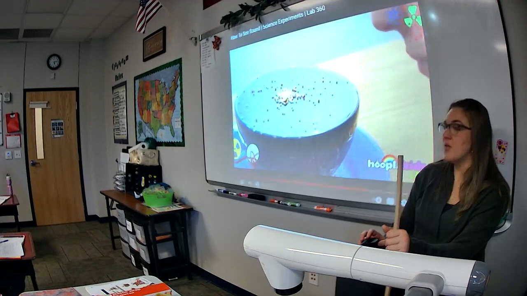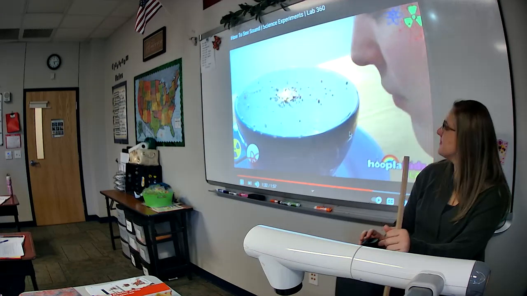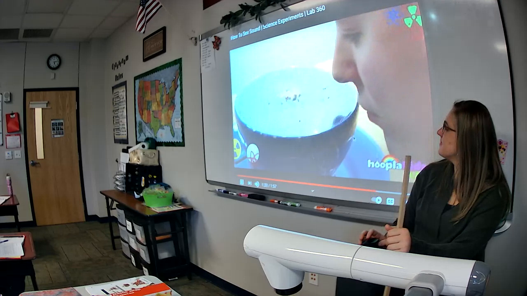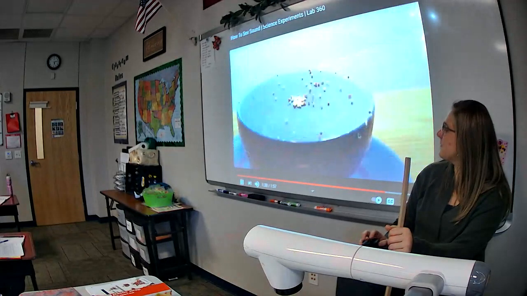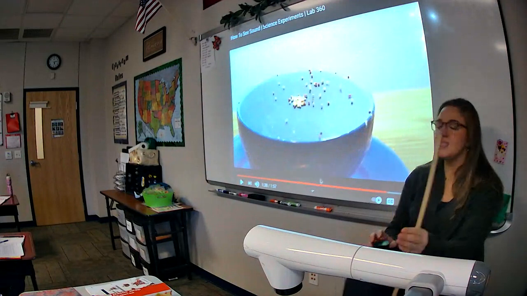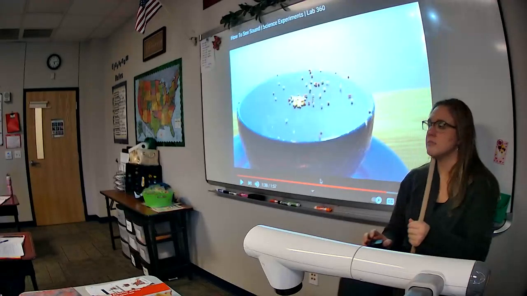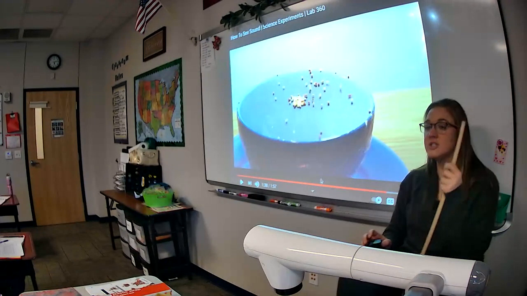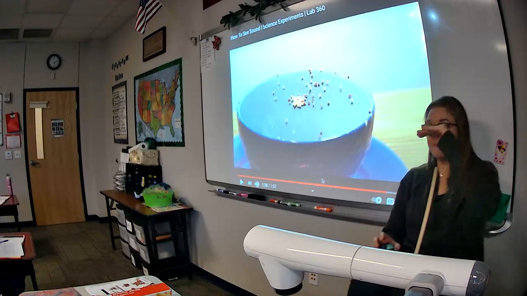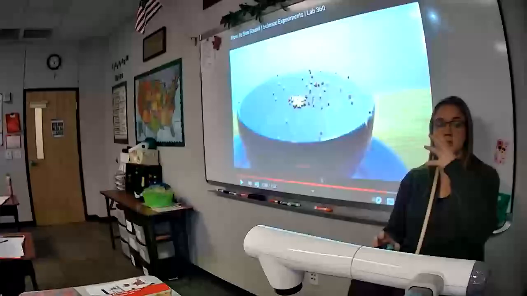Now watch the higher pitch. Okay. The higher pitched sound has much shorter, faster wavelengths, which cause the sprinkles to jump around like crazy.